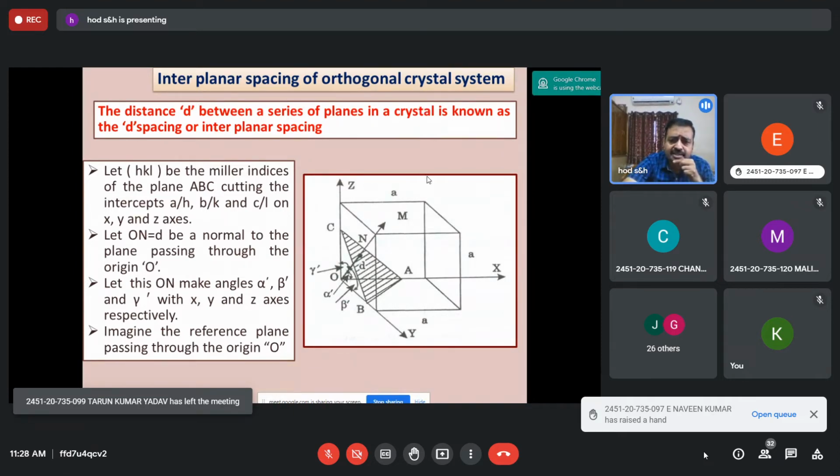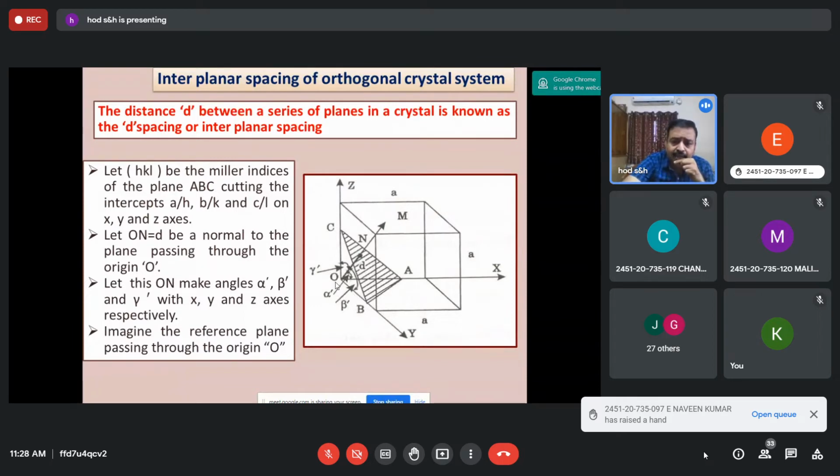system. Further, let us consider a plane ABC. Here you can see the plane ABC. It is making intercepts a by h, b by k, and c by l on the 3 axes, and h, k, l are the Miller indices. Now from the origin you draw a normal ON to this plane, and this normal makes angles alpha dash, beta dash, and gamma dash with the x, y, z axes respectively.